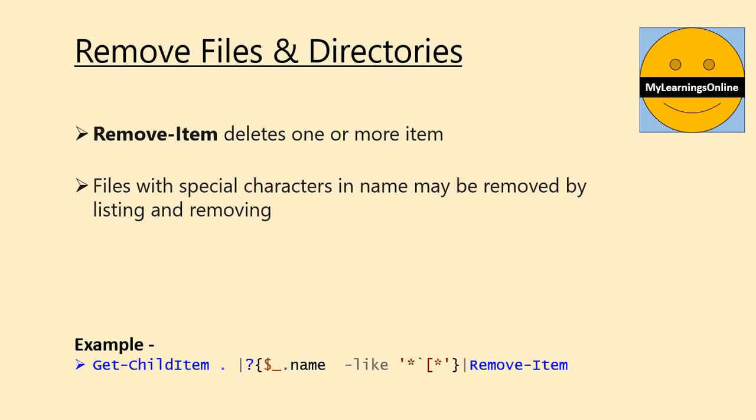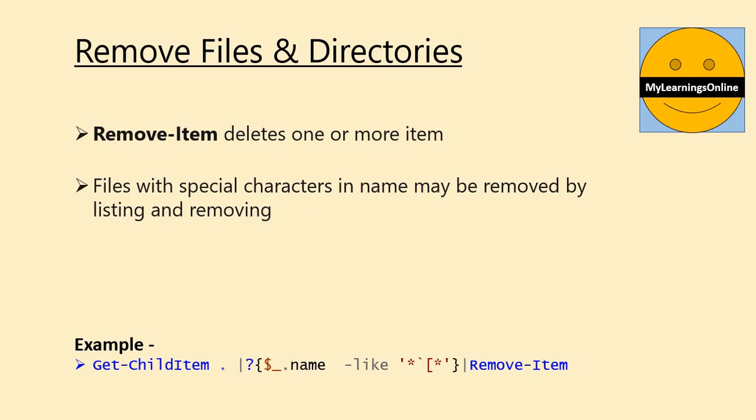There may be cases where we have some files with special characters in their name. To remove these special files only, we can use some tricks. First, we can list them using some filter parameters. Then we can remove them by taking the list of these files as pipelined input to the remove command.